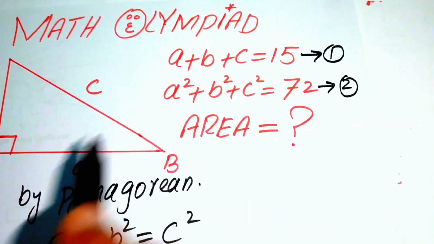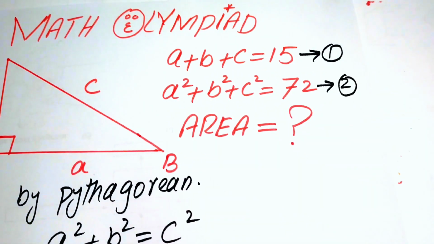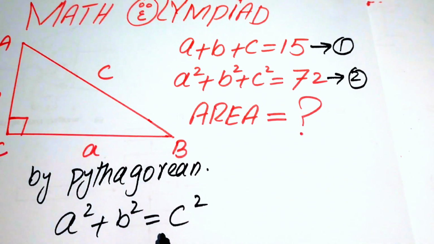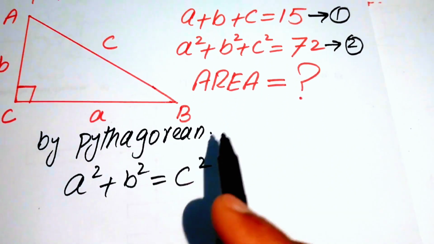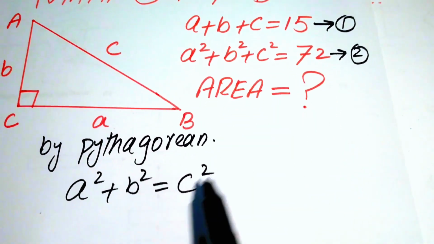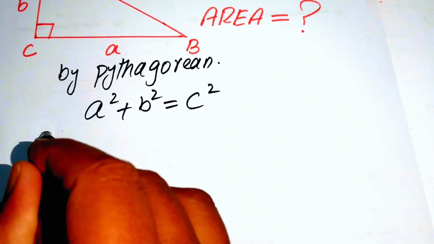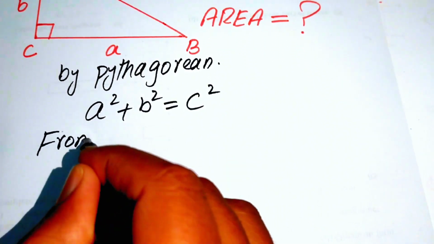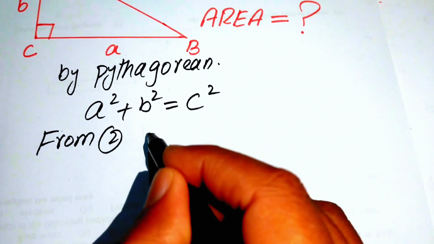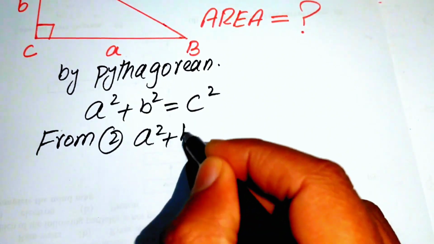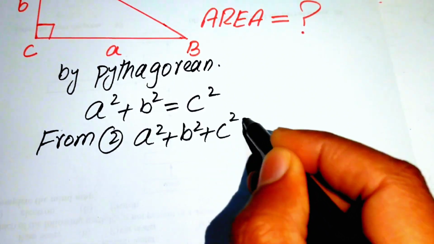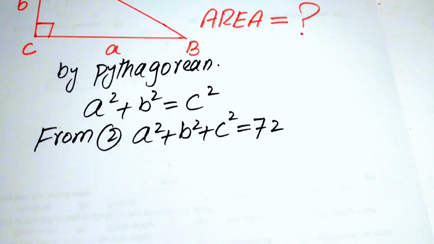Now we first substitute the value of a square plus b square in equation number 2. Equation number 2 is a square plus b square plus c square equals 72.